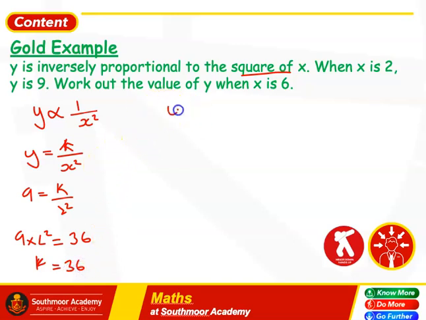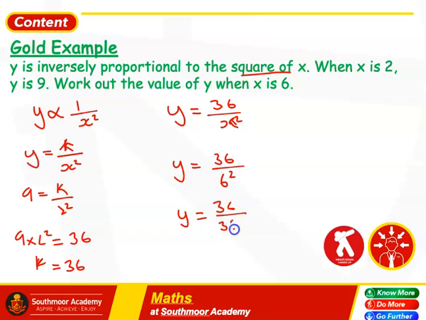So our equation, we've got y is equal to 36 over x squared. Work out the value of y when x is 6. So now we're going to substitute in our information. So y is equal to 36 divided by 6 squared. So y is equal to 36 divided by 36. So y is equal to 1 when x is 6.